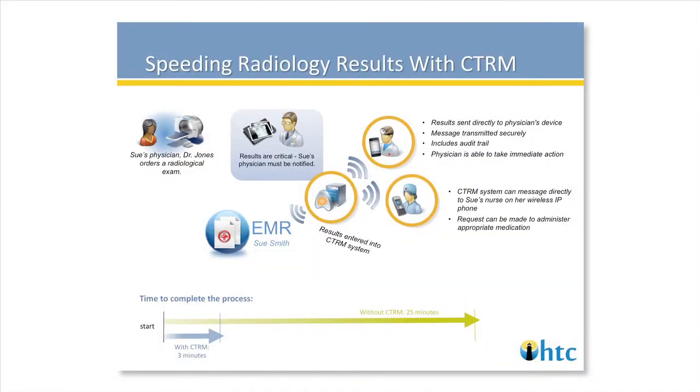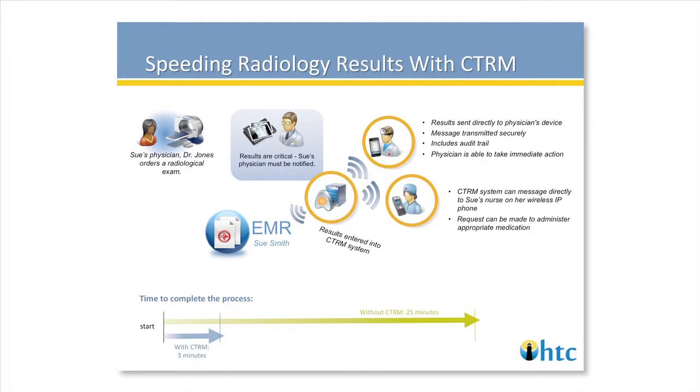With a CTRM system, you can greatly automate that process. The process would start in a similar manner. The patient, Sue, would see her physician. Dr. Jones would diagnose the exam. But now, rather than going through a manual process, the critical results would be sent directly from the radiology system, the PACS, and so forth. It would be sent to the correct physician.